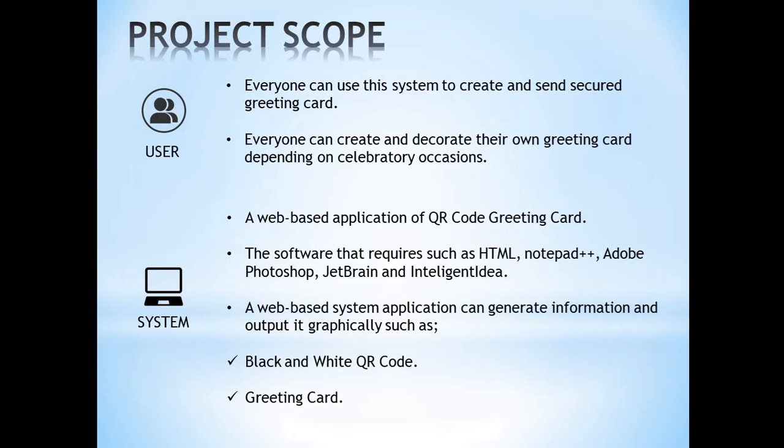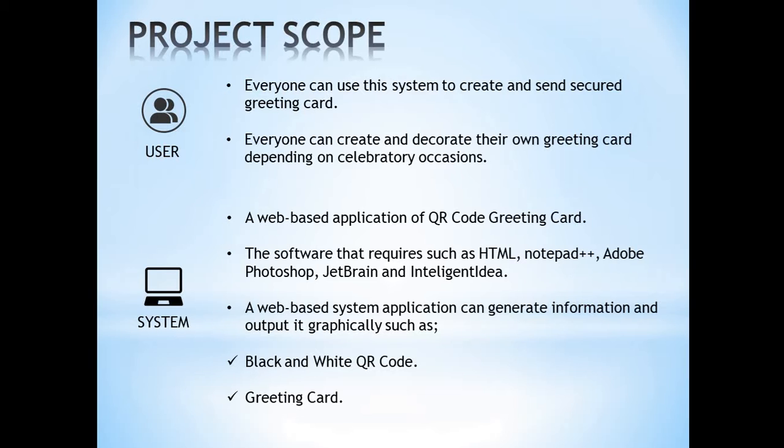The sender should have good basic computer skills, and the greeting card sender will have the opportunity to create and decorate their own greeting card depending on celebratory occasions such as birthday, graduation, weddings, and others for other social expression purposes.